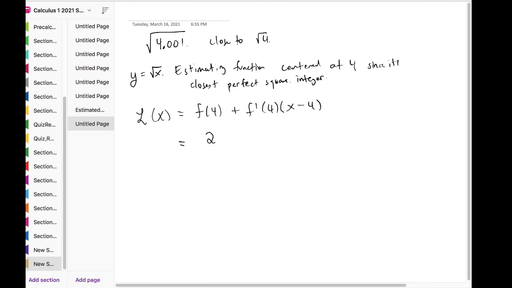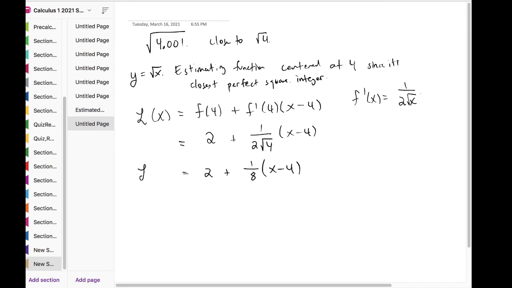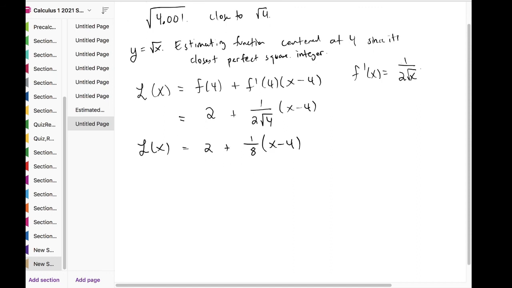Now we need f prime. So it's 1 over 2 radical x. It's 1 over 2 radical 4. So 2 plus 1 over 8 times x minus 4. And then simplifying it, you get 2 plus 1/8 x minus 1/2. So 1/8 x plus 3/2.